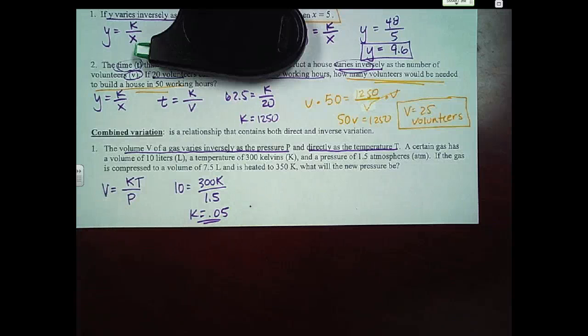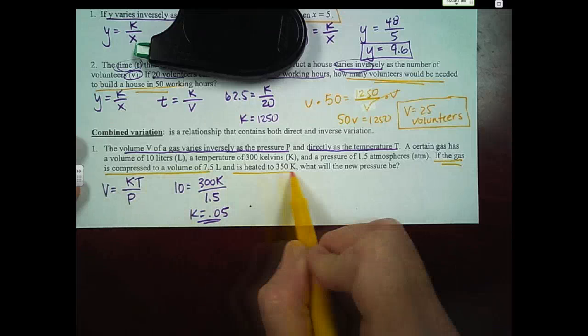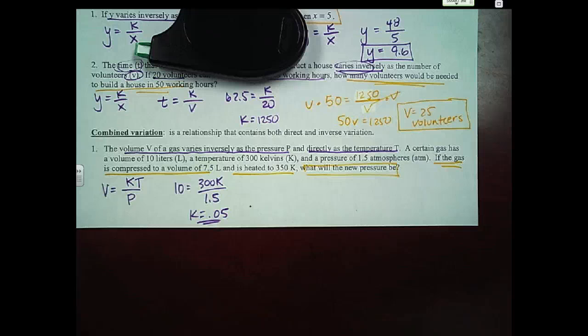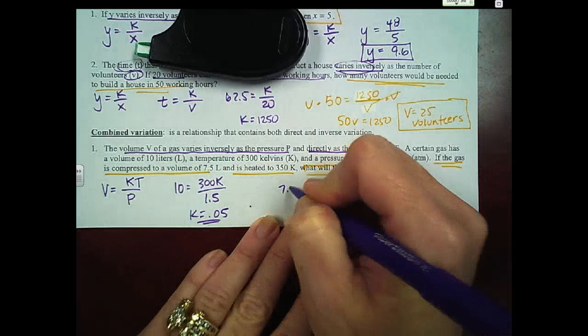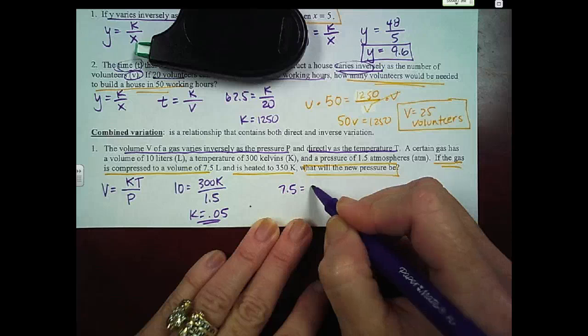Now that we found the relationship between everything, the question is, if the gas is compressed to a volume of 7.5 and heated to 350, what will the new pressure be? It's asking for P. So the volume is 7.5, the temperature is 350.